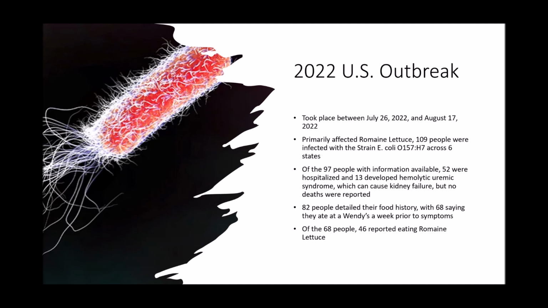There was an outbreak in 2022 that took place between July 26th and August 17th of 2022. This primarily affected romaine lettuce. 109 people were infected with the strain E. coli O157:H7 across 6 states.